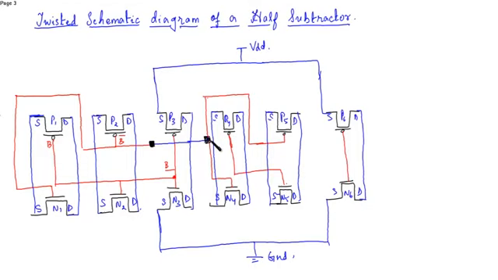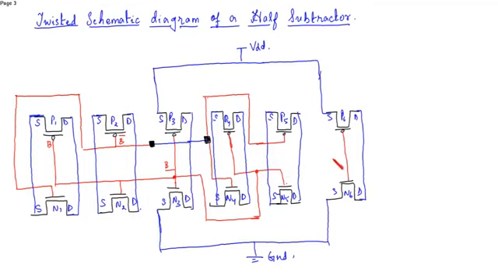Okay, this is connected with B. So from here connect from here to this. Okay, now this is B and B bar.